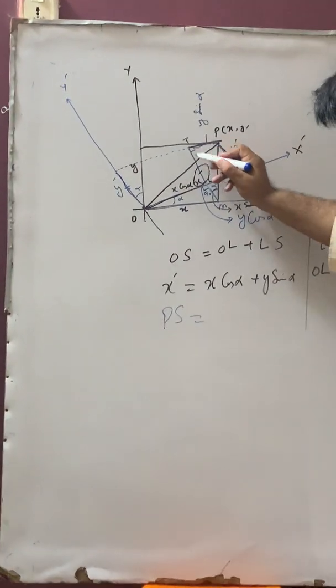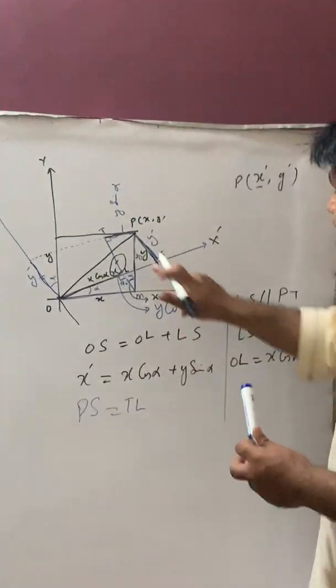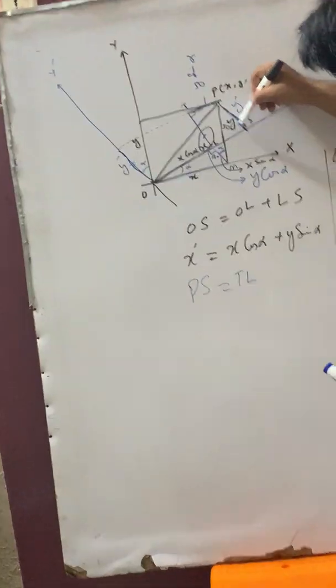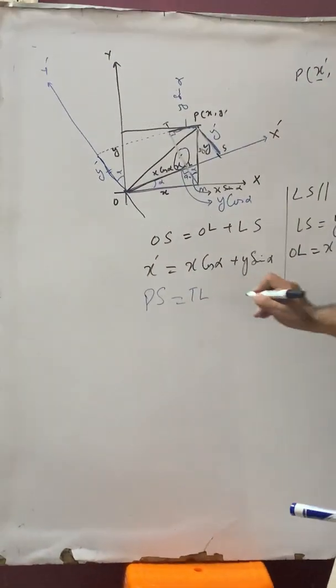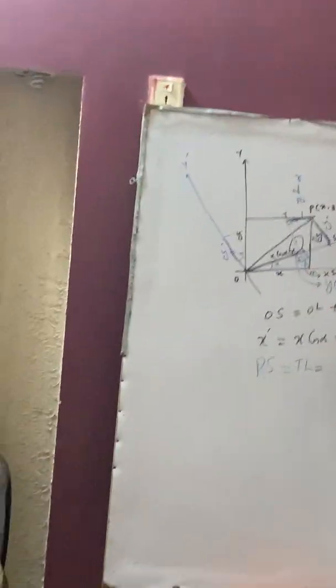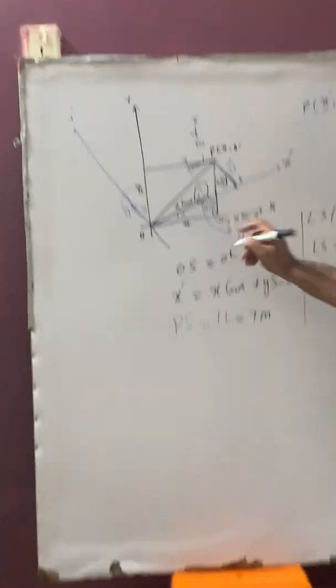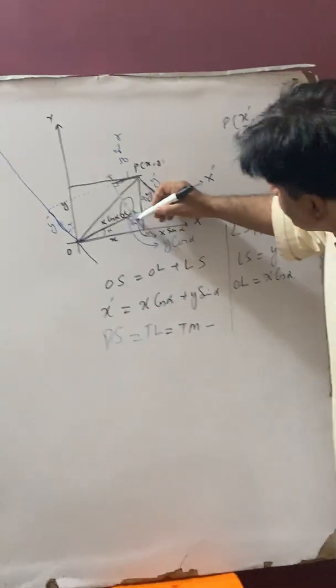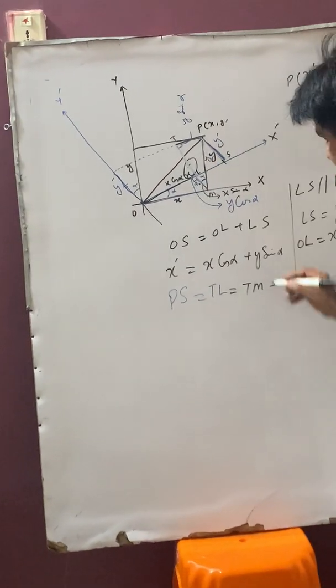To calculate TL, this PS is parallel and equal to TL, and this TL will be equal to TM, the whole component TM, minus this portion, that is LM.